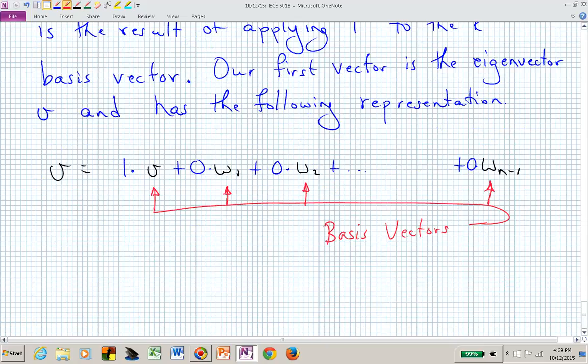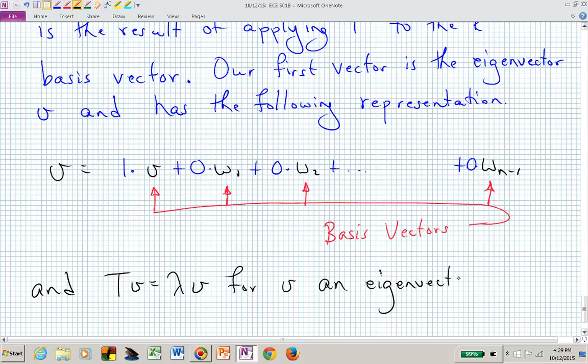And we know that TV is equal to lambda V for V an eigenvector.